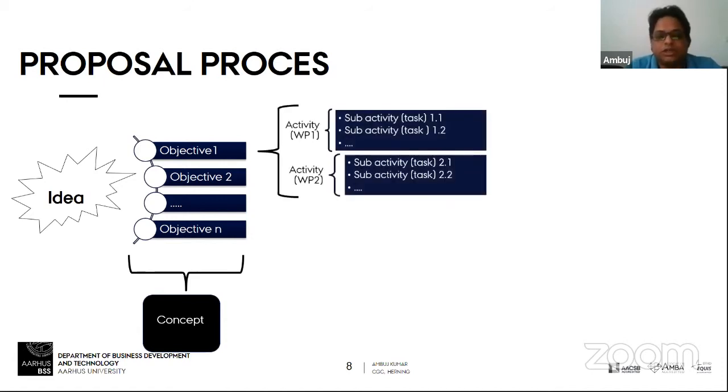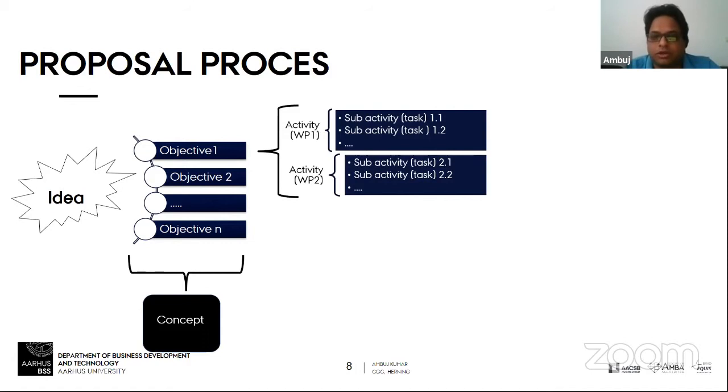Each objective you can divide into some activities. If you have an objective, how do you want to attain that objective? You make a task for that, or an activity, which we call a work package. Against each objective there can be one or multiple work packages, and each work package has certain sub-activities.